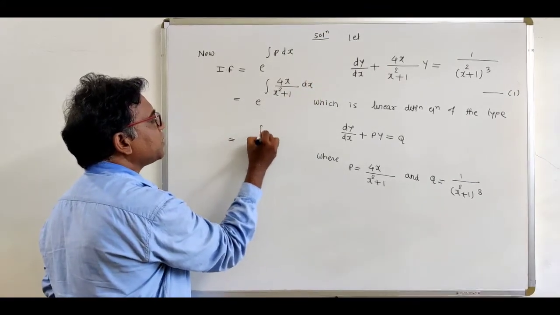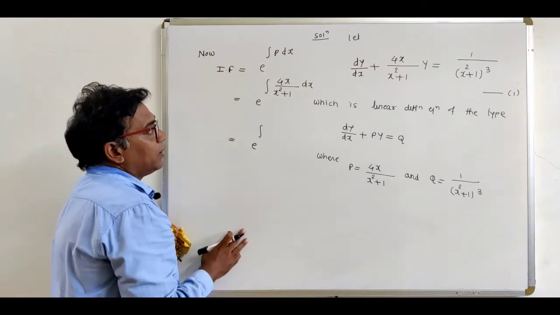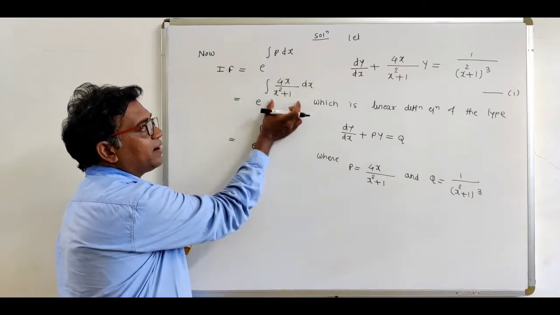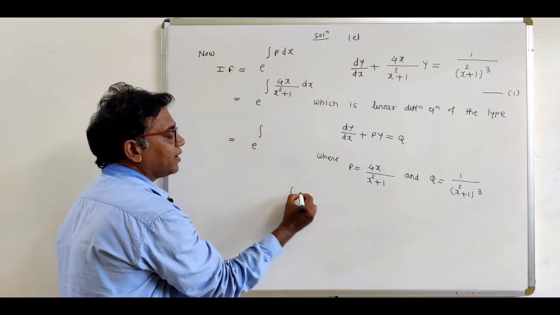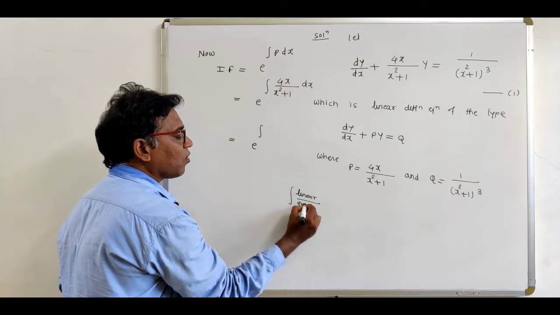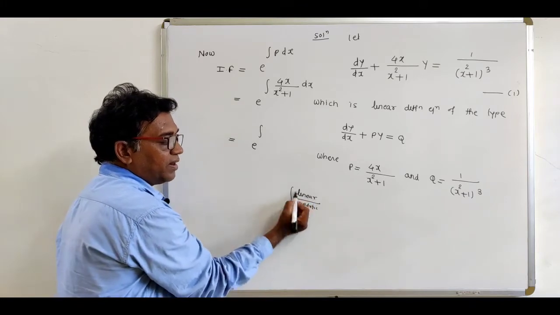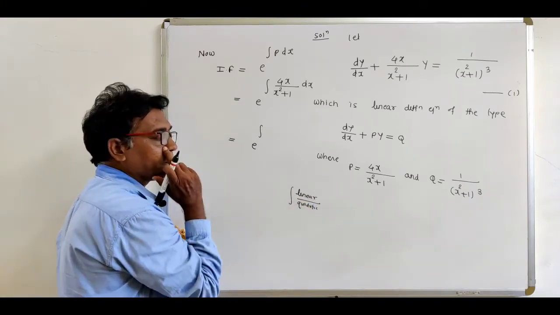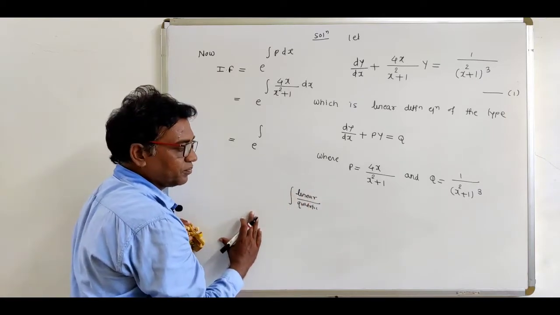So this is e raised to the integral. Now find this integral. This integrand contains a linear term divided by a quadratic term. So how do we solve this type of integration?